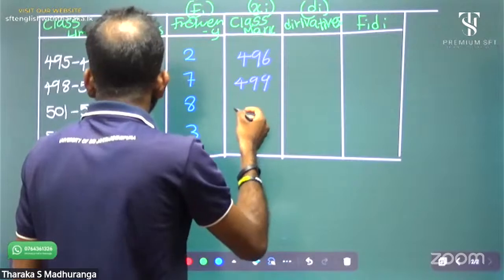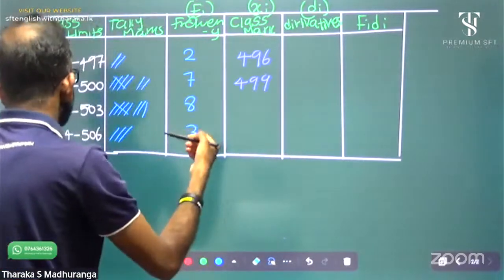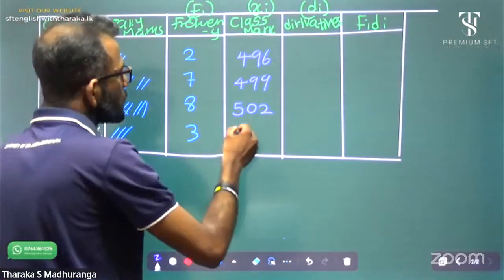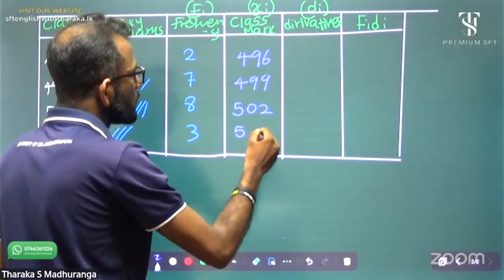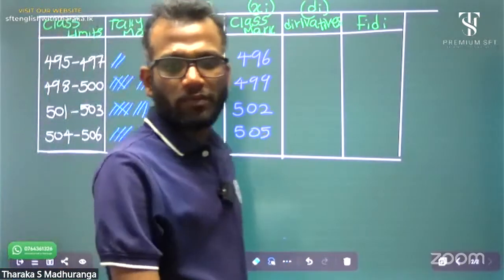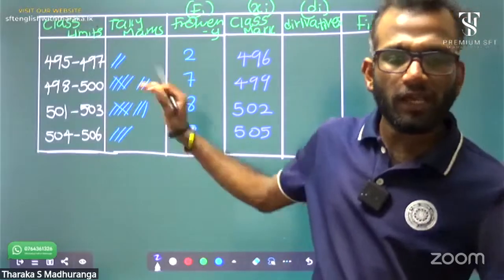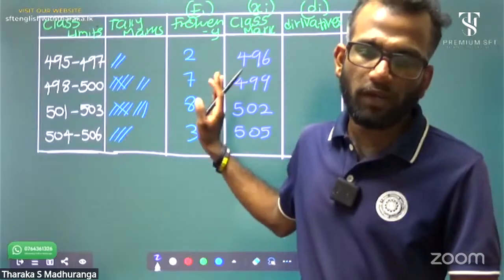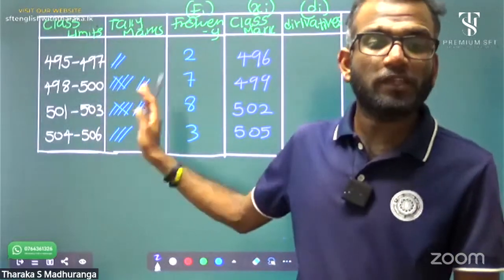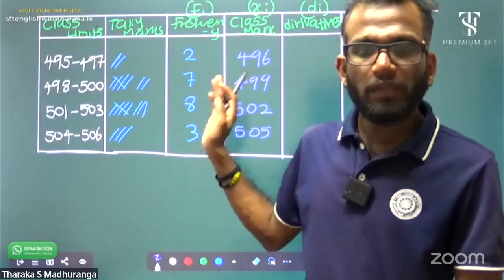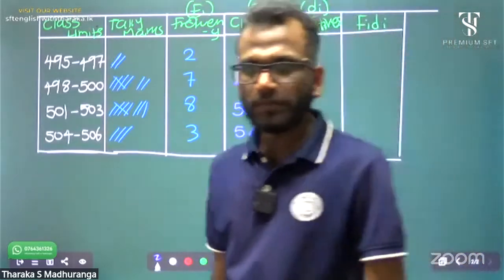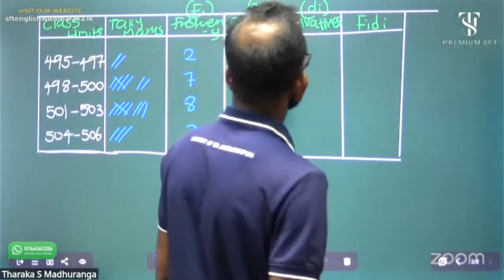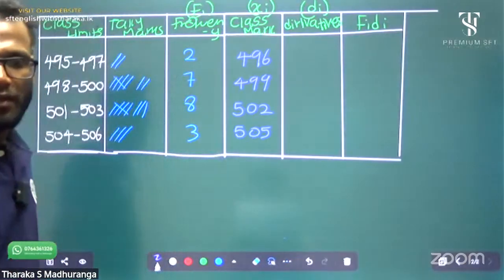Then you can fill 499 plus another 3, 502. 502 plus another 3, 505. If you want, you can take the final one again. 504 plus 506 divided by 2, it is 505. Okay.